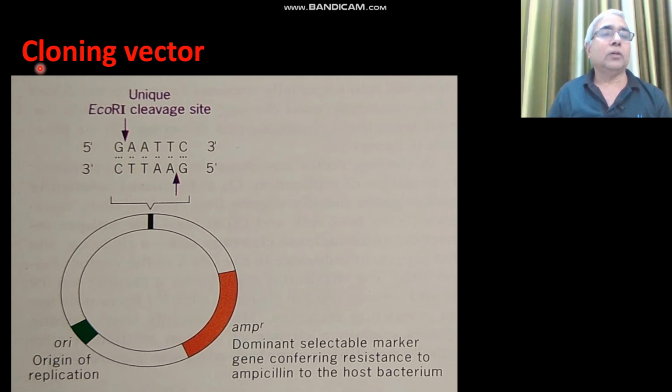A recombinant DNA molecule requires a vector DNA. Vector DNA are those molecules in which the foreign gene can be inserted, and the main requirement for a DNA molecule to function as a vector is that it must have an origin point from where replication is initiated.